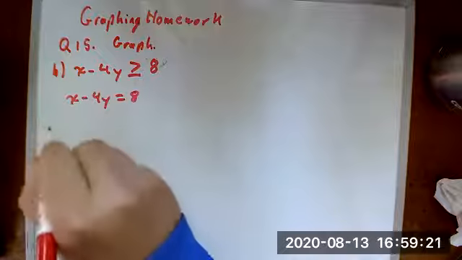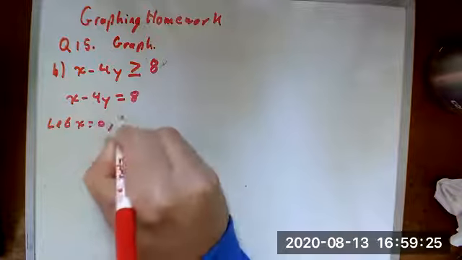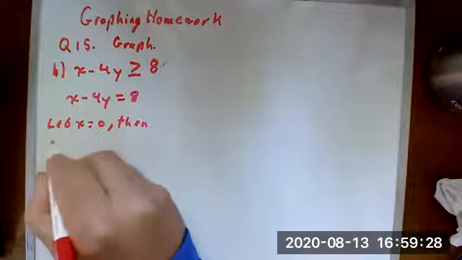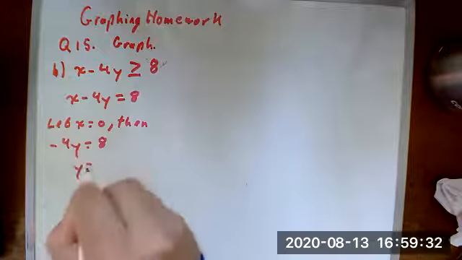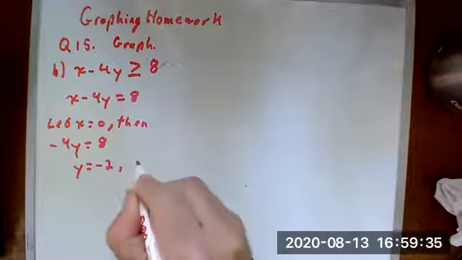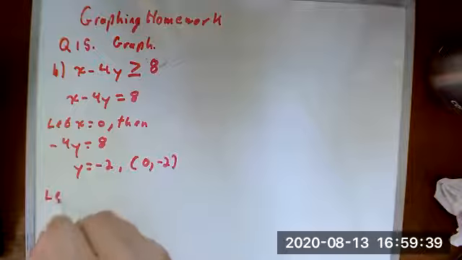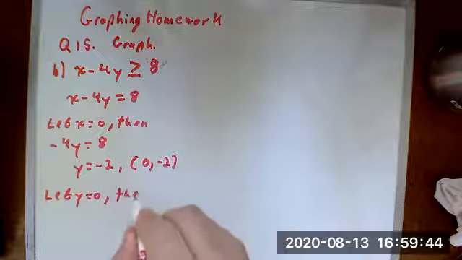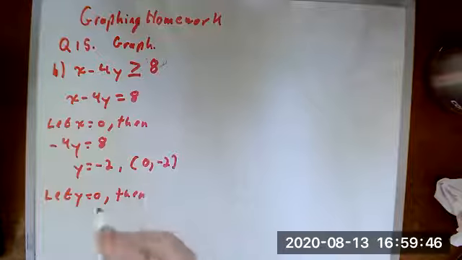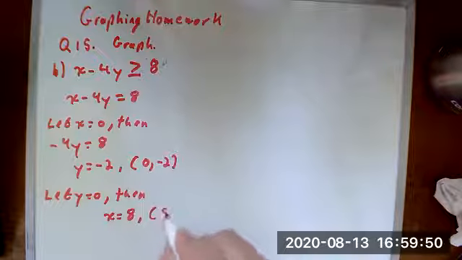Going by the intercepts, we'll let x equal 0. Then negative 4y equals 8, which means y equals negative 2. So our point would be 0, negative 2. Going the other way, y equals 0, and then x equals 8, and we're at the point 8, 0.